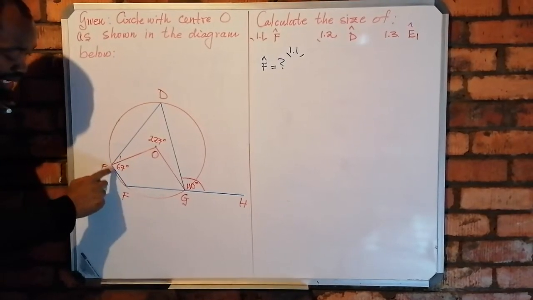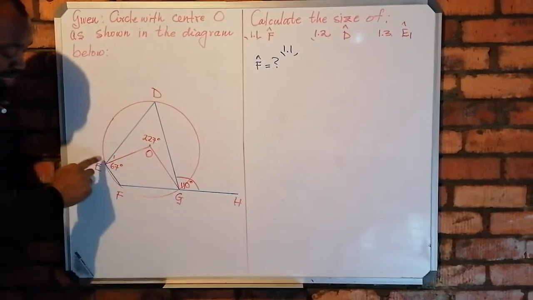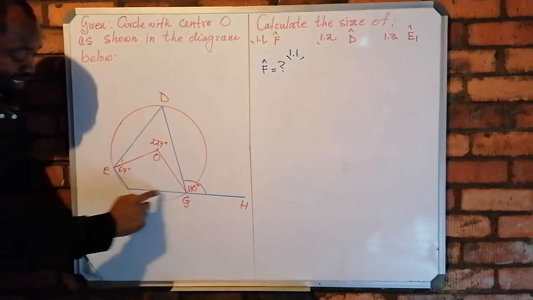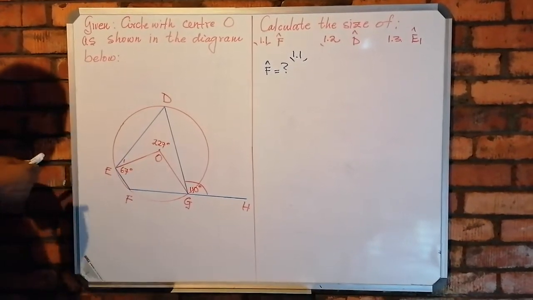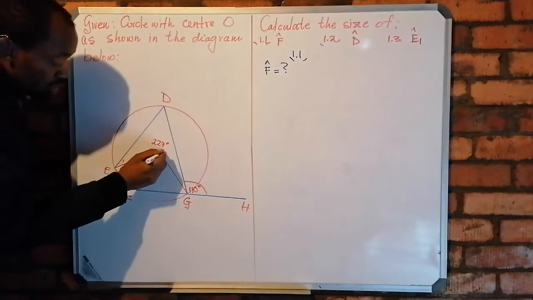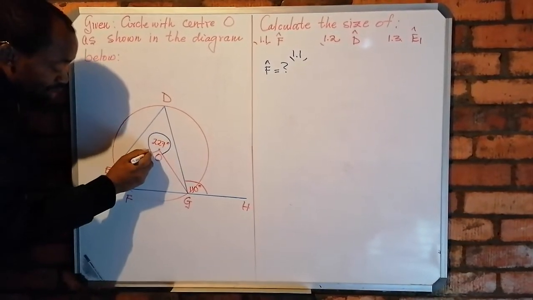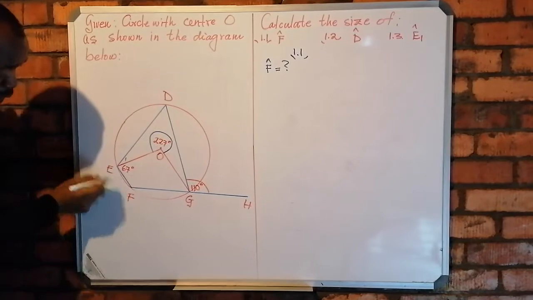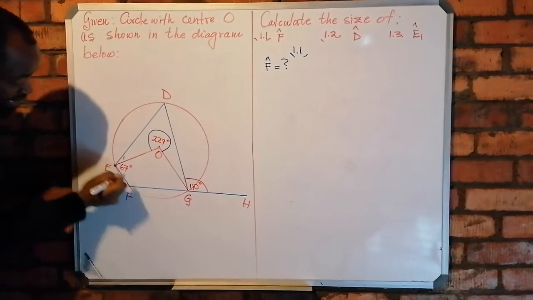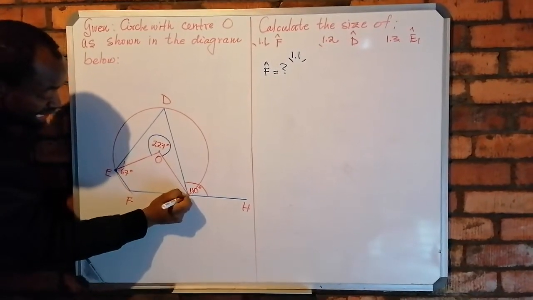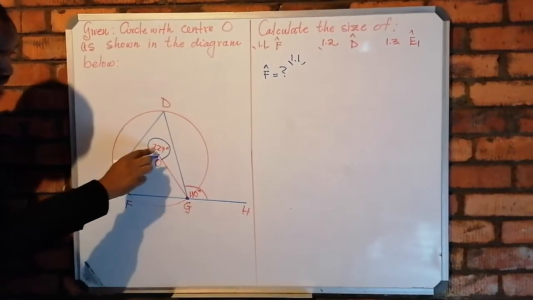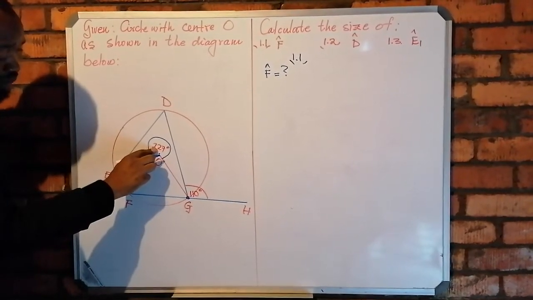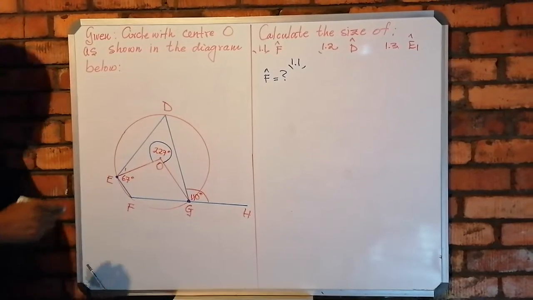Meaning that angle F being on the circumference of the circle and having another angle which is at the center of the circle, both of them being subtended by FG, this angle is half of that particular angle.